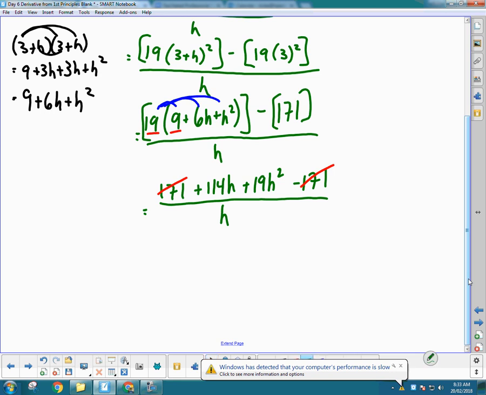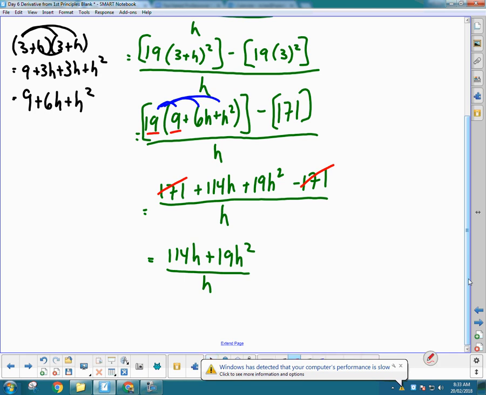Am I allowed to divide by h if there's no h here? No. I couldn't divide by h if there's no h here. But since those two constants disappeared, look what I have left over. 114h plus 19h squared all over h. Now am I allowed to divide by h? Absolutely. Since h is in everything, I can divide by h.